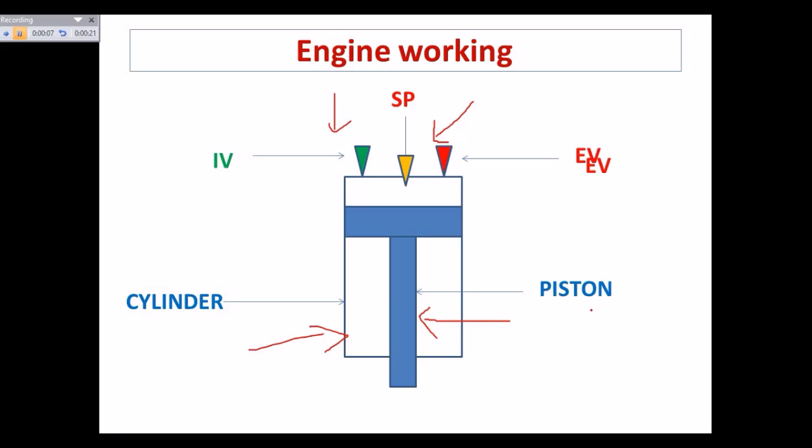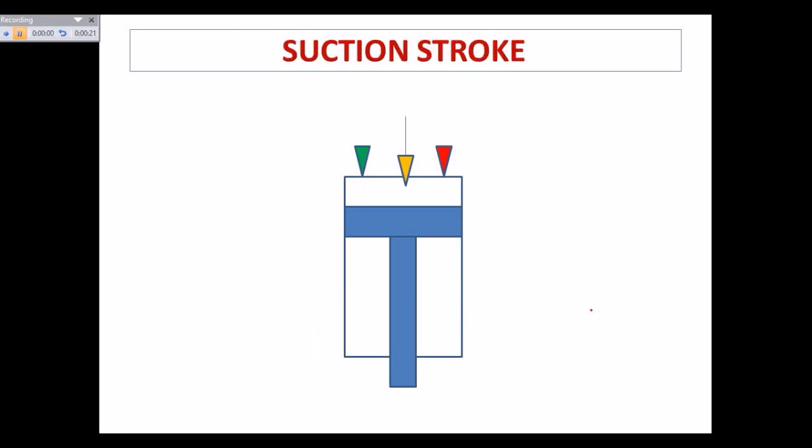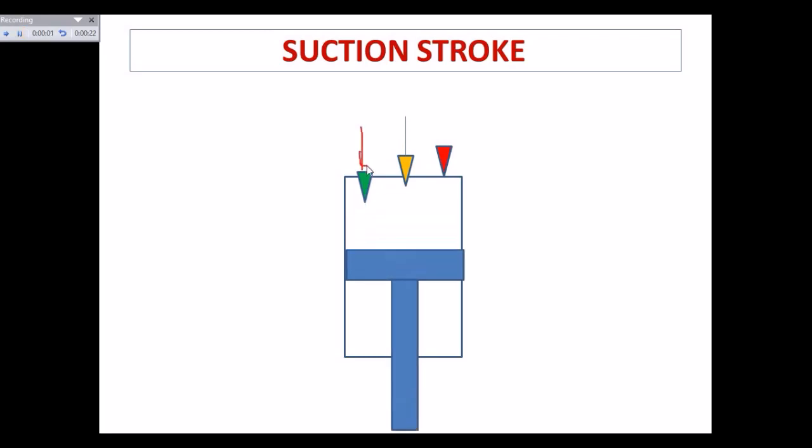During the suction stroke, the inlet valve is open. The air fuel mixture will come in through the inlet valve, due to which the piston will move from top dead center to bottom dead center. At the end of the suction stroke, the inlet valve is closed. During the compression stroke, the piston will move from bottom to top.